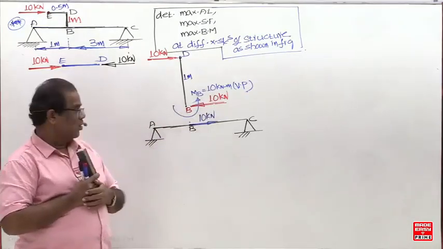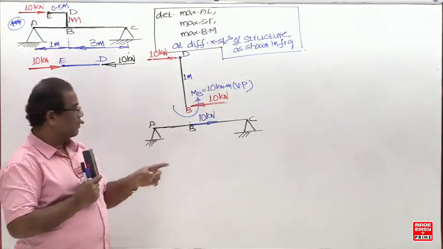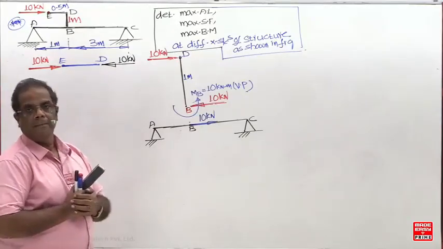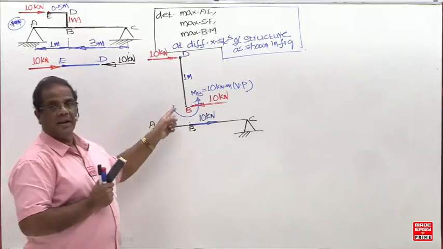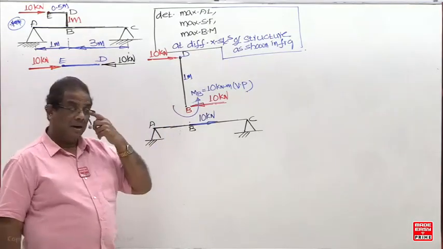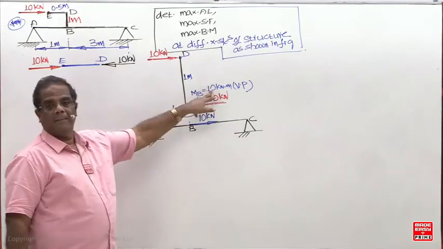an axial load. Next, what is this reaction? 10 kilonewton meter in vertical plane. Reaction. But what about the action? Same plane. The plane will remain the same, only the direction changes. But will this become a bending or twisting couple? It is in which plane? Vertical plane.